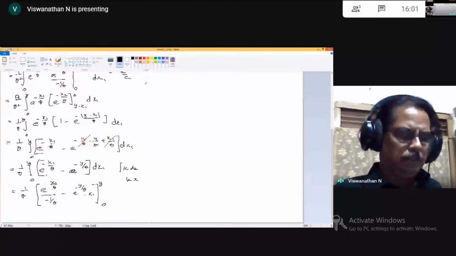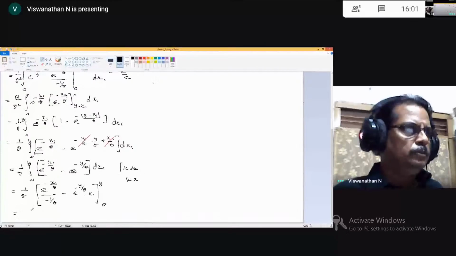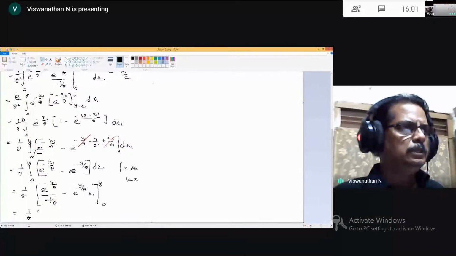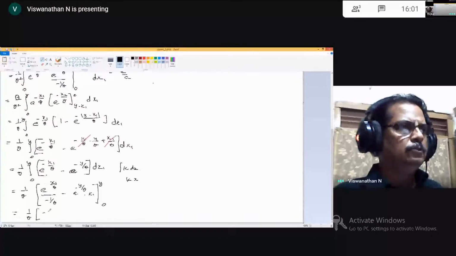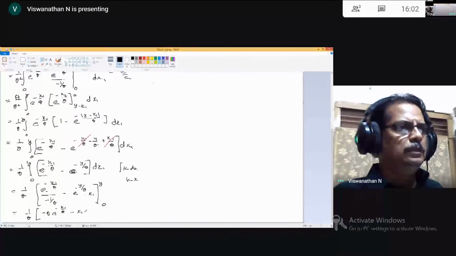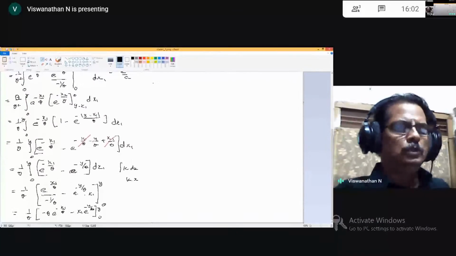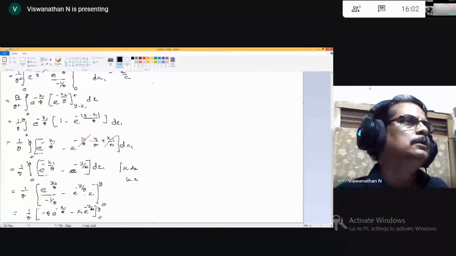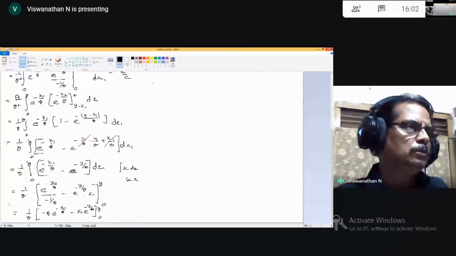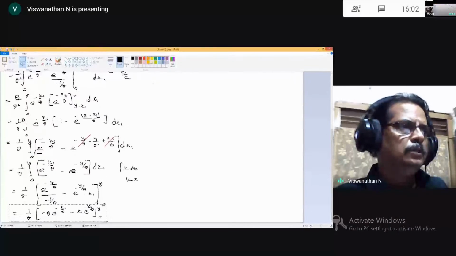To some extent, we can simplify here, and I will go to the top of the board. So here 1 by theta: this theta is going to be taken to the upper end with a minus sign. So minus theta e power minus x1 by theta, here minus x1 into e power minus y by theta, from 0 to y. So what I will do is copy paste this to the top, so that I need not repeatedly come back and refer.